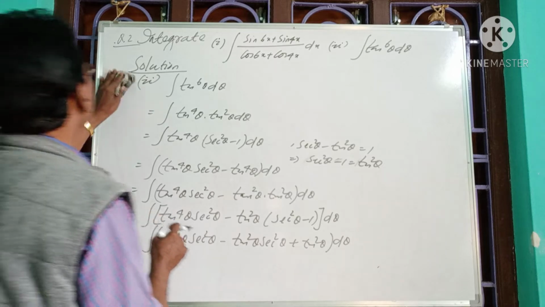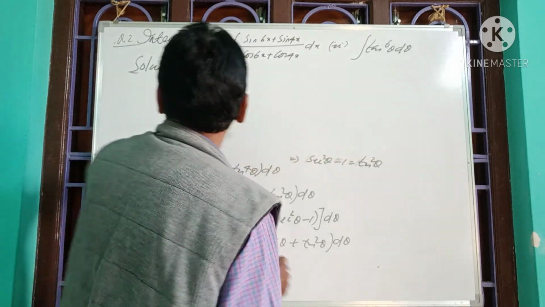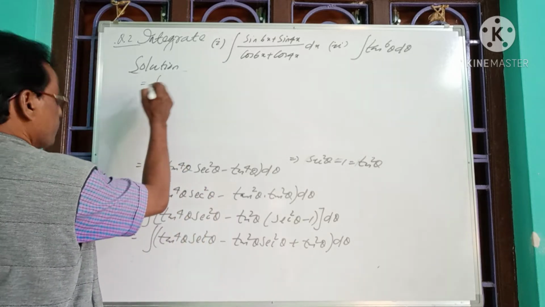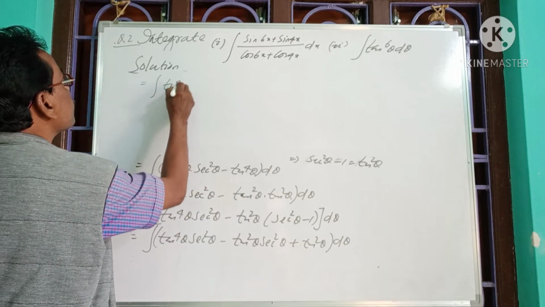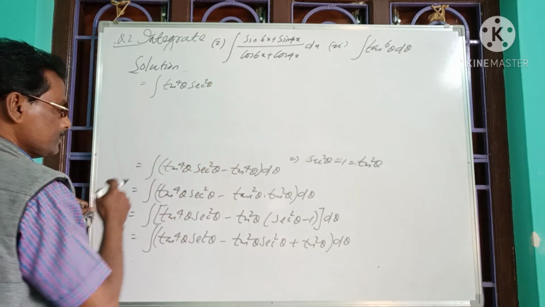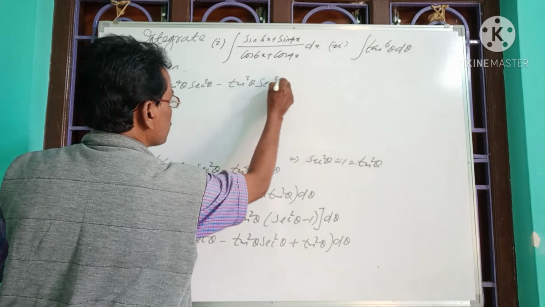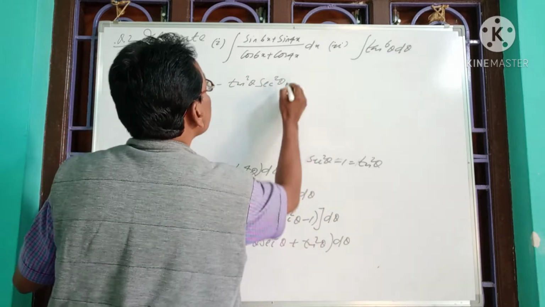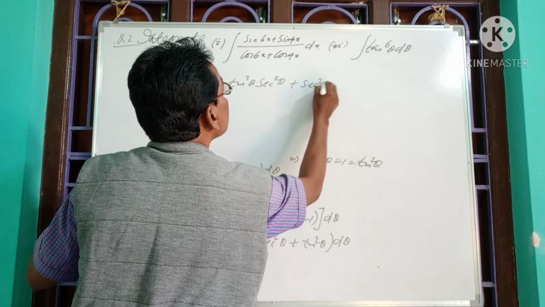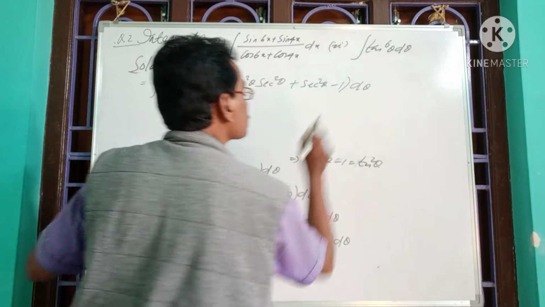Again breaking, we have the integration of tan to the power 4 theta into sec square theta minus tan square theta into sec square theta, plus the integral of sec square theta minus 1, with respect to theta.